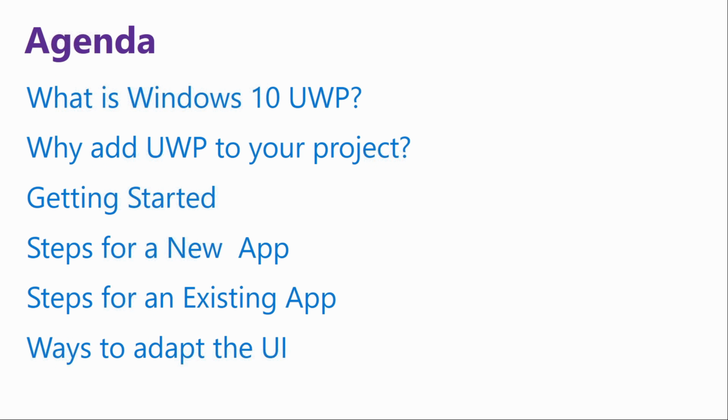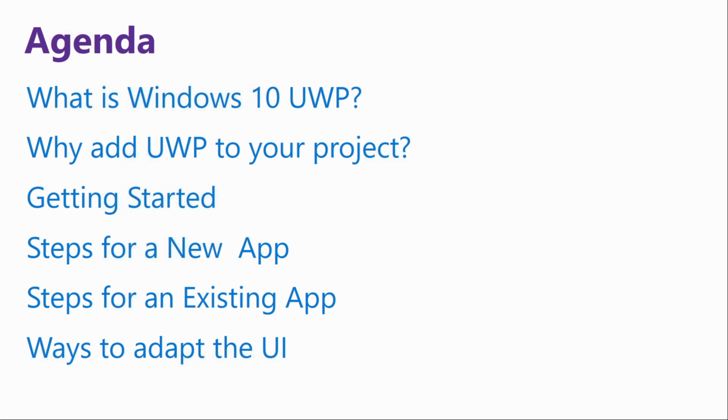So today's agenda, what we're going to touch on is a couple of questions right off the bat. What is Windows 10 UWP? And then the next question we're going to look at is why would you want to add this to your Xamarin project? Then we'll take a look at the developer tools. That'll be covered in our Getting Started section.